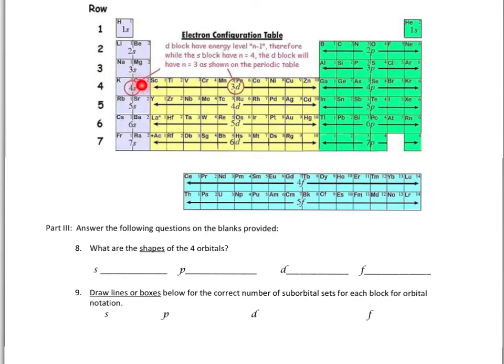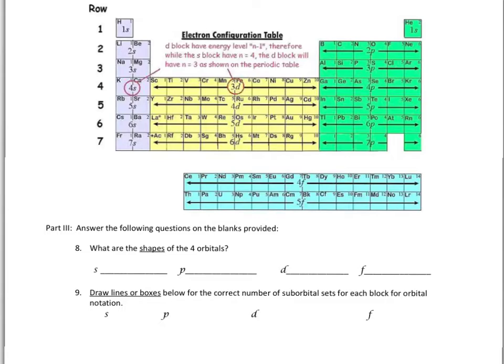After 4s2, the D block drops back 1 level. So instead of 4d, we have 3d10, because it's 10 across, and then back to the 4th energy level, 4p6. Next is 5s2, 4d10, 5p6.